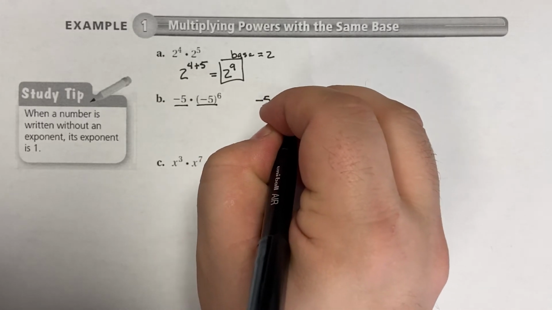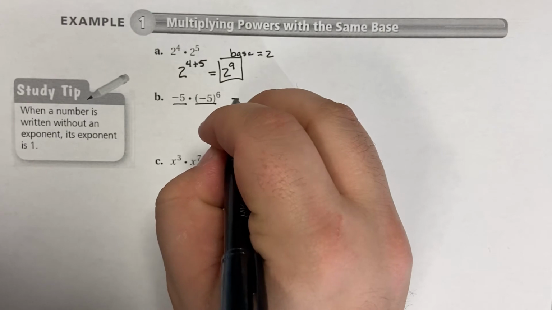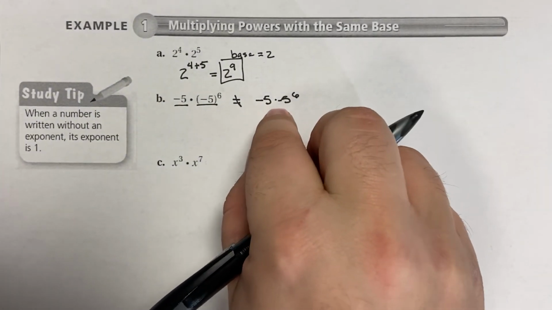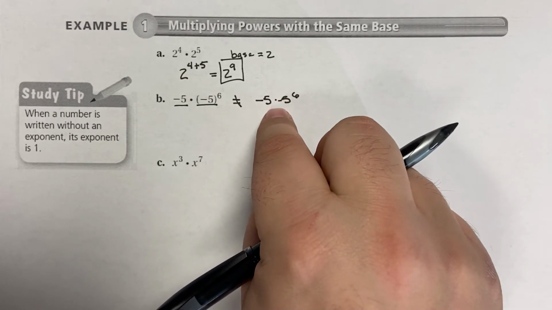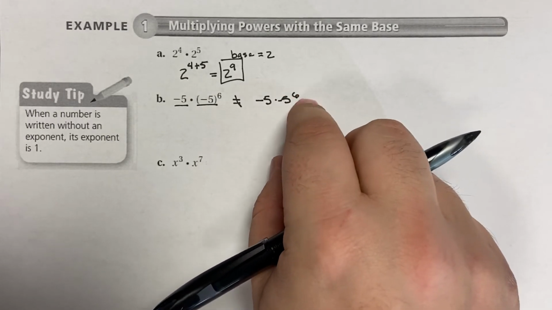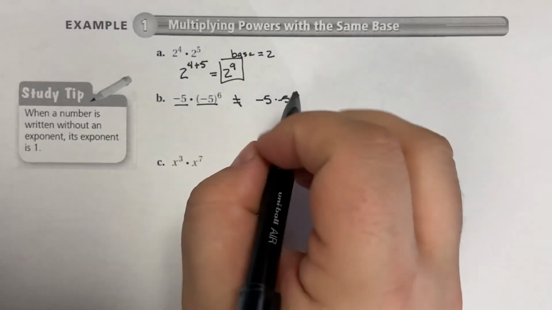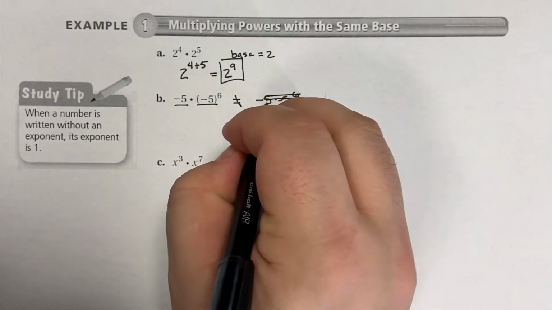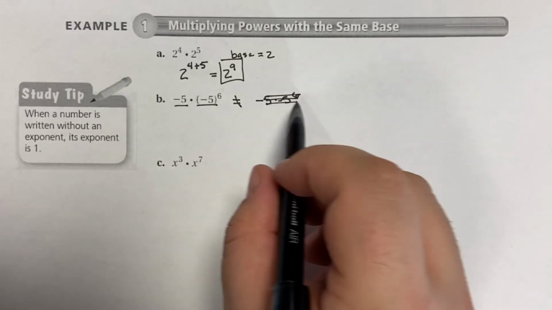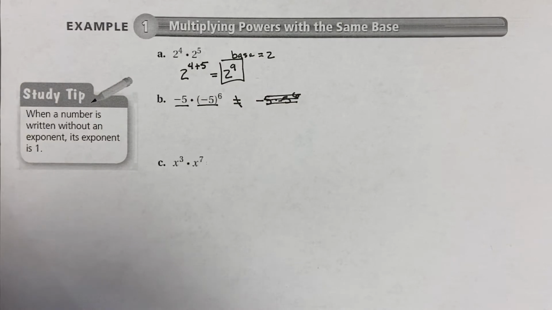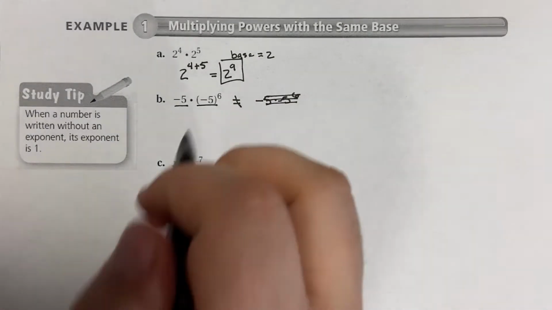If we think back, these two are not equal, because this is -5 times -5 to the 6th, or the negative answer of 5 to the 6th. So these are not the same, so we are not solving this problem because these bases are not identical. Since the parentheses are here, that's what tells us the bases are identical.